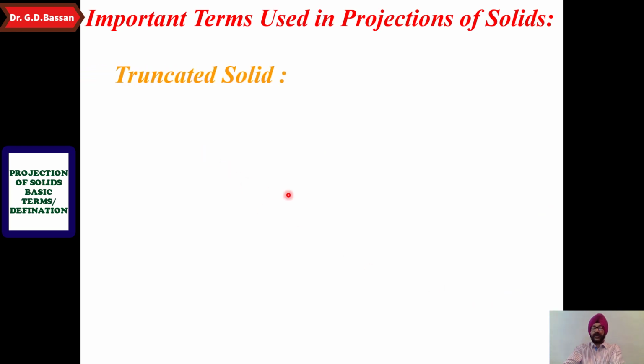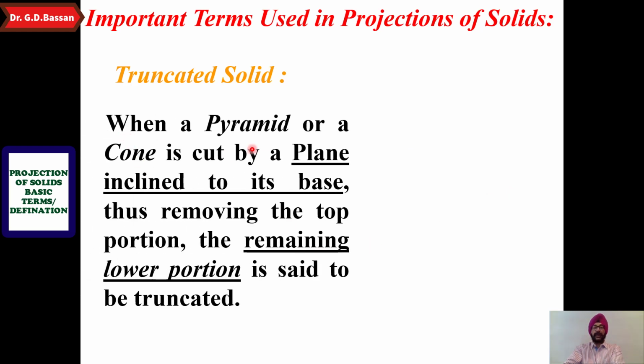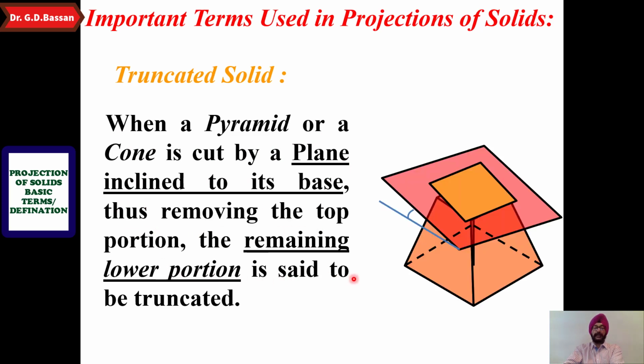Then the truncated one. It is similar to the frustum of a solid. The only difference is that in a frustum the cutting plane is parallel to the base, and in a truncated solid it is inclined to the base. So when a pyramid or a cone is cut by a plane inclined to its base and the top portion is removed, the remaining lower portion is said to be truncated.